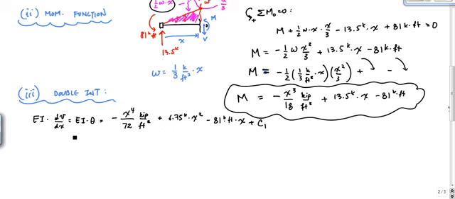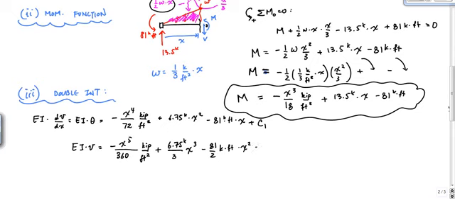Then I want EI times v, the displacement function, or the equation of the elastic curve: minus x to the fifth over 72 times 5, which is 360 kip per foot squared, plus 6.75 kips divided by 3 times x cubed, minus 81 divided by 2 kip-feet x squared, plus C1 times x plus C2. Let me know if any of my algebra or math is wrong, please.